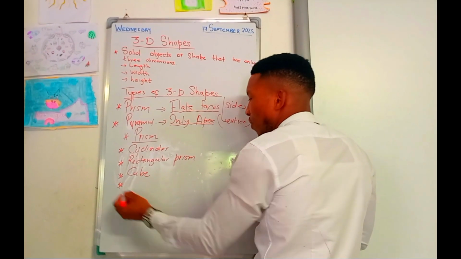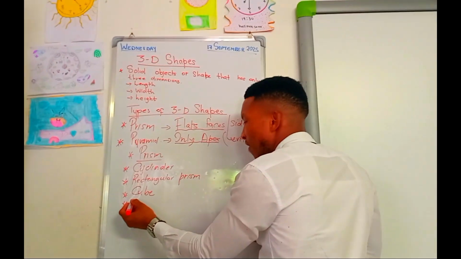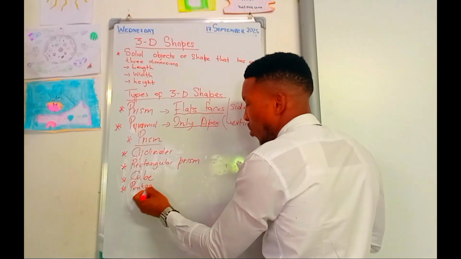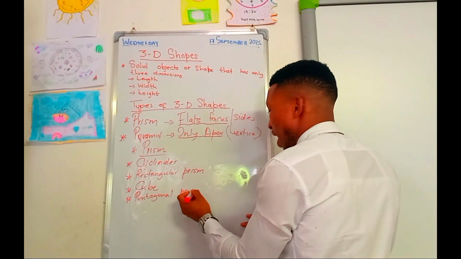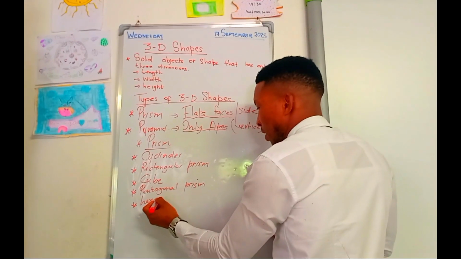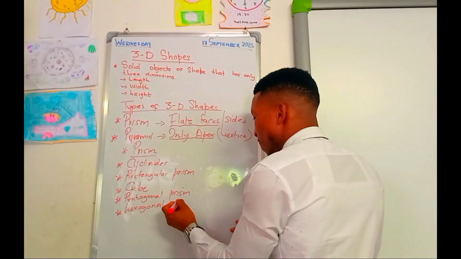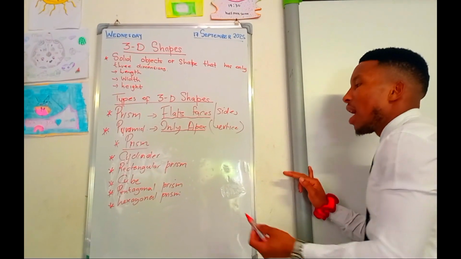We have a cube as well. We have a pentagonal prism. Then we have a hexagonal prism. There are many prisms that we have. But the only thing that we consider is that we have a cylinder.